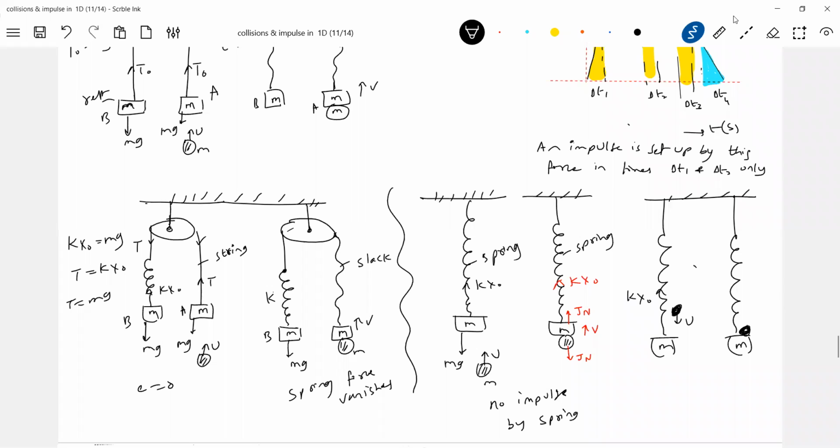Kx naught will balance mg. Now in this case, there will be normal contact, impulse due to normal contact, Jn. This will impart velocity v like this. But look at the spring. When the combined blocks start moving because of velocity, the spring will undergo deformation. So the spring will retain its deformation. So any impulse now? No impulse.